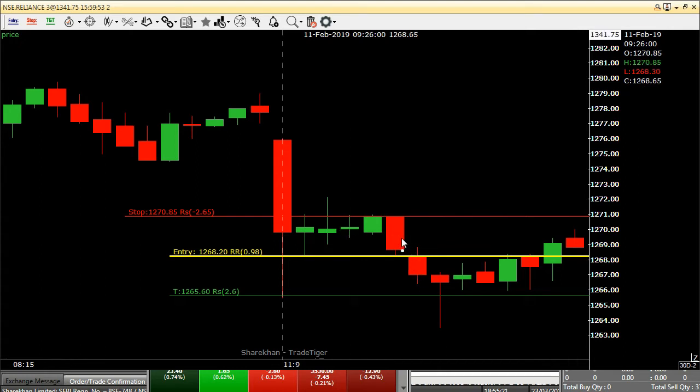But in all cases we won't get signals like this, around 3 rupees or 4 rupees. In some cases we may get 3 rupees, some cases we may get 8 rupees, 9 rupees. On those days also we can't take a risk of 4,000, 5,000 rupees. To avoid that, we can reduce the quantities in the equity segment.